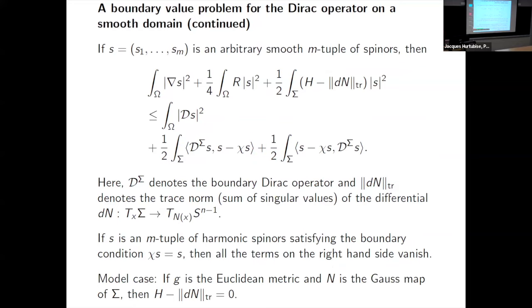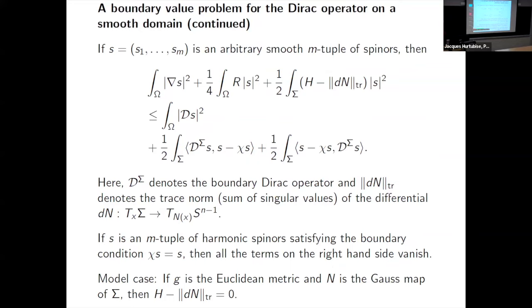All right. So now in particular, once you know that the index is 1, that means the kernel is non-trivial. And so you can plug an element of the kernel into a Bochner formula.